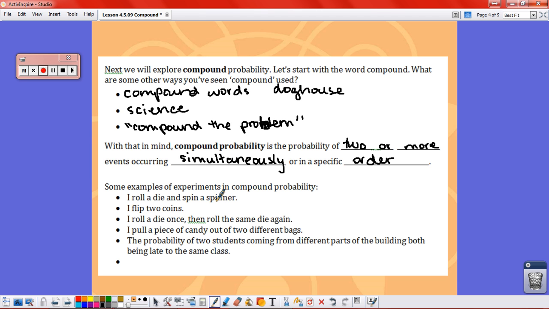I roll a die and spin a spinner. I flip 2 coins at the same time. I roll a die once, then roll the same die again. I pull a piece of candy out of 2 different bags. The probability of 2 students coming from different parts of the building both being late to the same class. I'll ask the students to come up with their own down here. It can be something simple, like spinning 2 spinners, or it could be something more complicated.